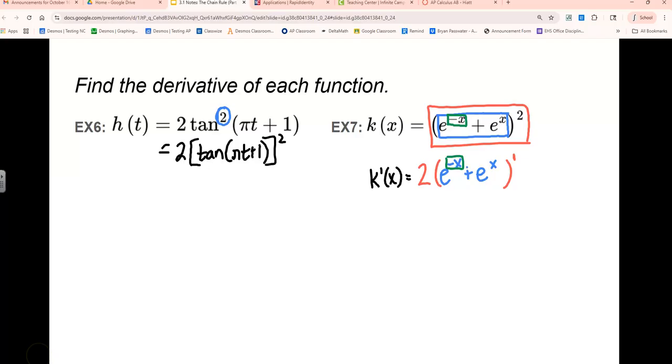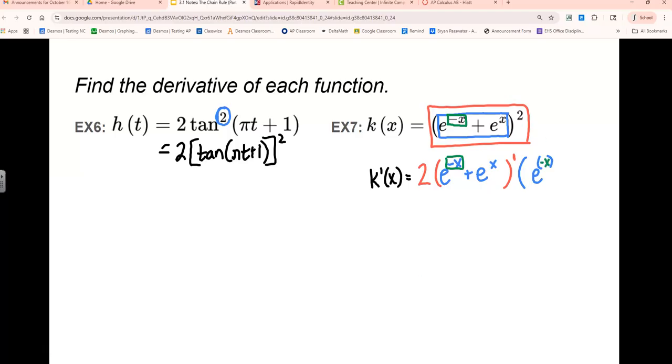So when I do this, I want to open up a set of parentheses because I'm multiplying all this together. When I do the derivative of e to the negative x, then the derivative of exponential is just e to that same stuff right there. And that stuff is my negative x.